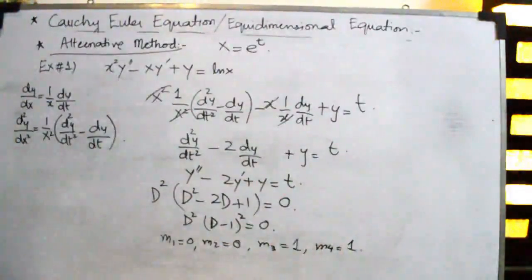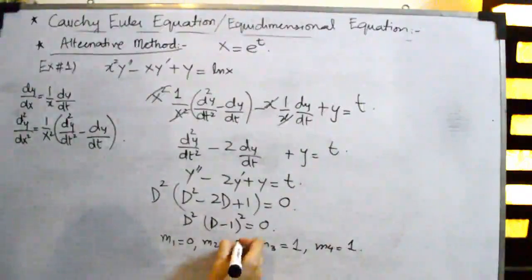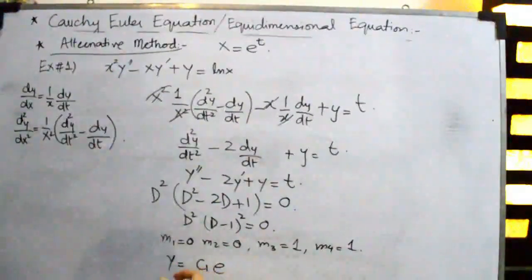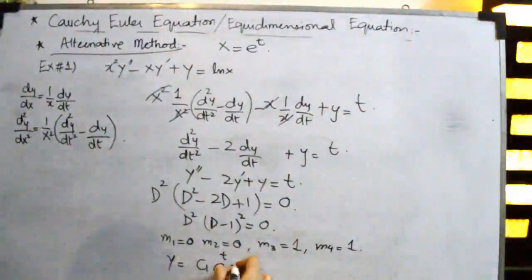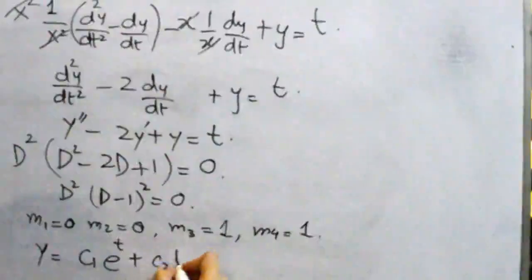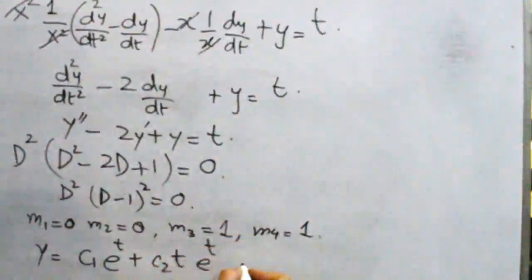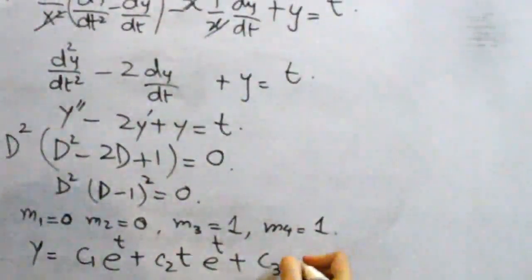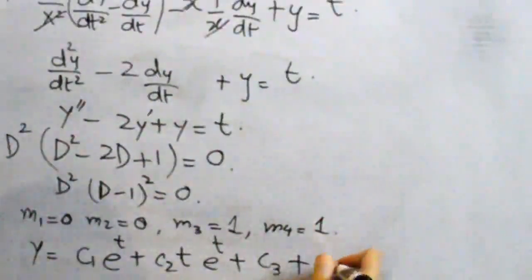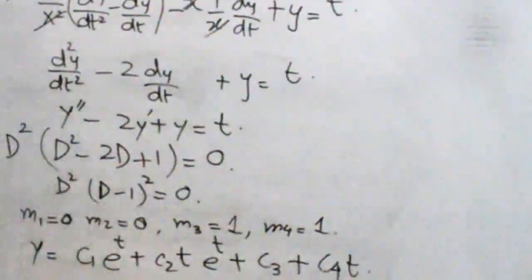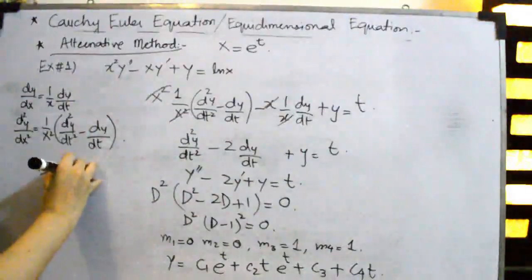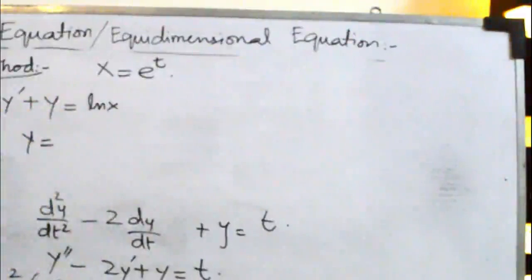So there are 4 terms out of this: y equals c1 e to the power t plus c2 t e to the power t plus c3 e to the power 0 plus c4 t. Since t is equal to natural log of x, instead of t and e to the power t I am replacing x.